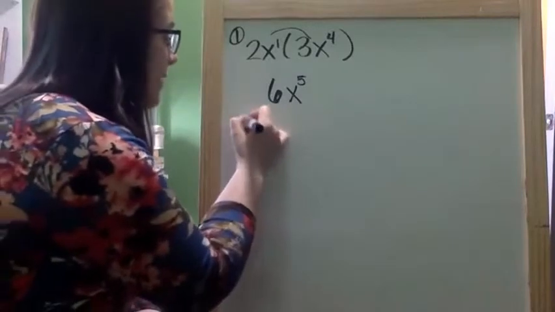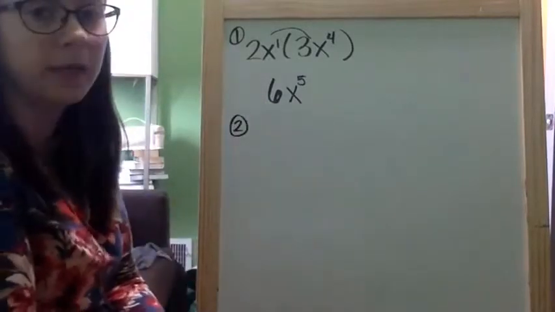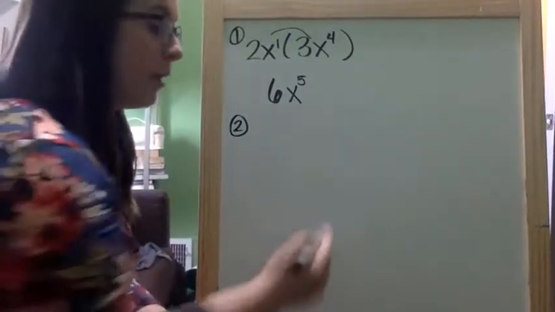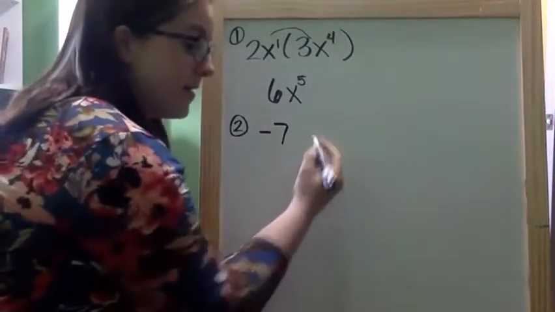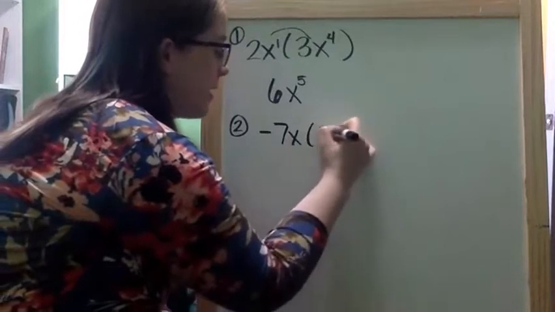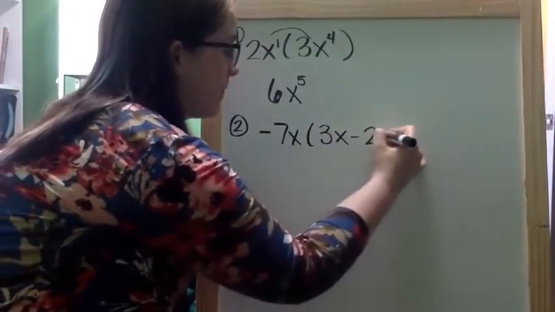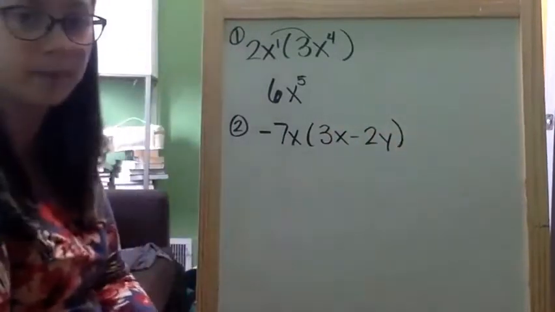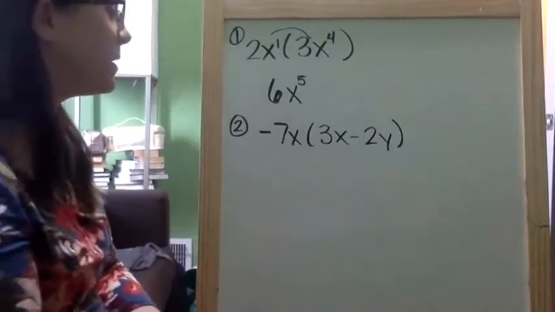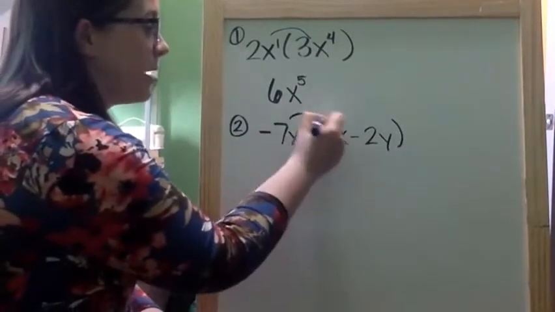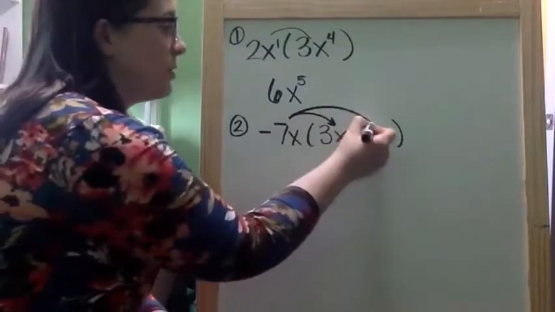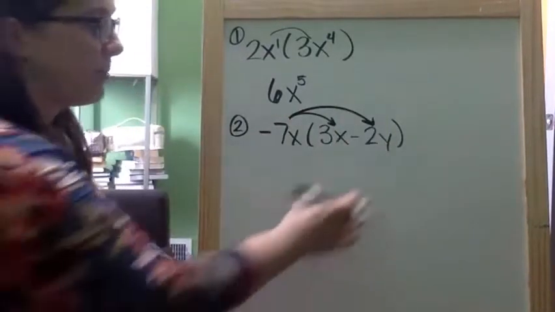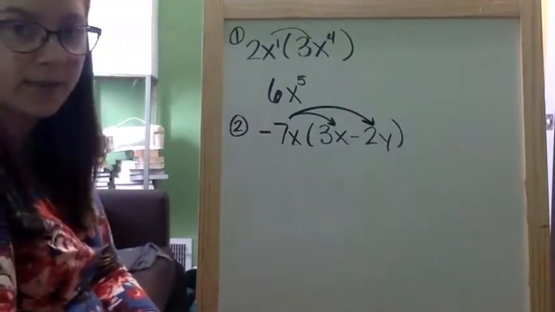To take that up a notch with our distribution or FOIL method, we might have something like negative 7x times 3x minus 2y. So you can definitely have multiple variables. So now when we distribute, not only are we distributing to that first term, we are also distributing to all terms inside of that parentheses.